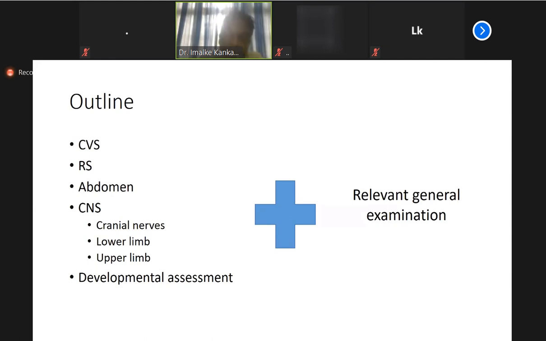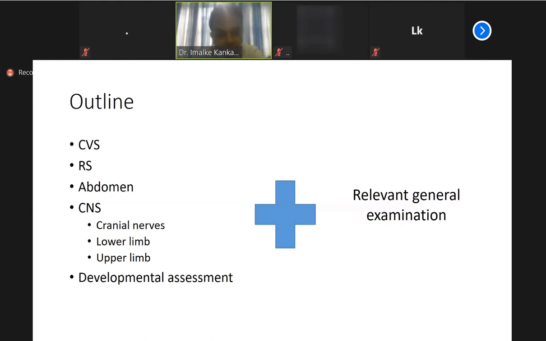So that is a possibility, but the majority of you, at least 2/3 or 3/4 of the batch, will get a CVS case. Abdomen, definitely you will get abdomen cases. CNS, very common in any exam you will get.